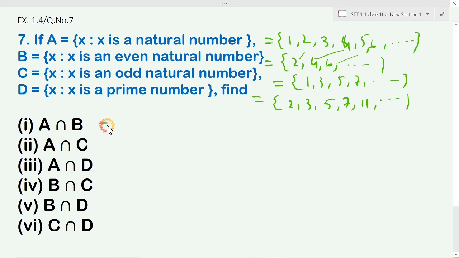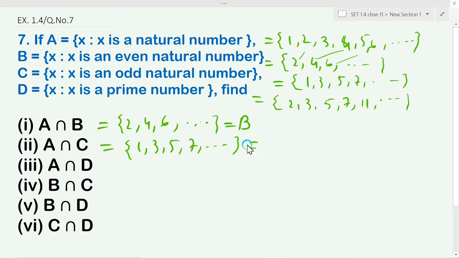So A intersection B equals 2, 4, 6, and so on, and this set represents set B. A intersection C: the common elements between A and C are 1, 3, 5, 7, and so on, and this represents set C.